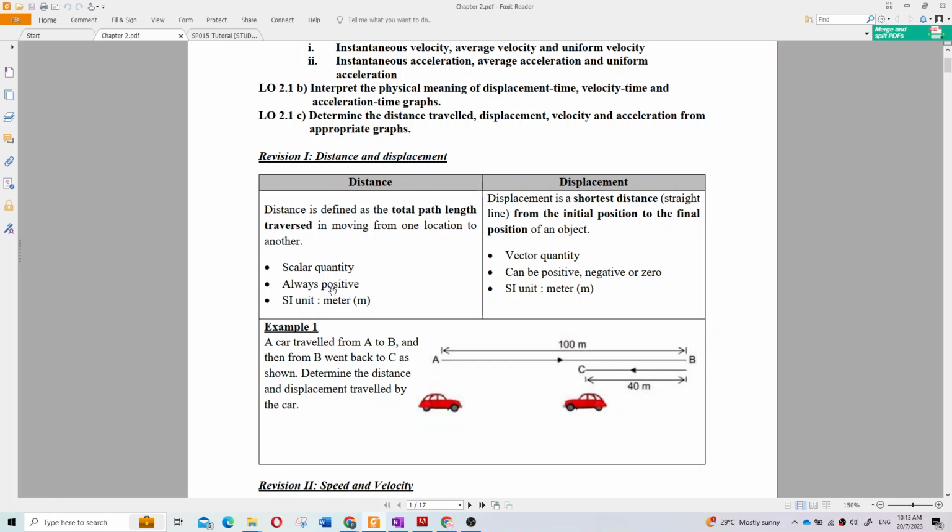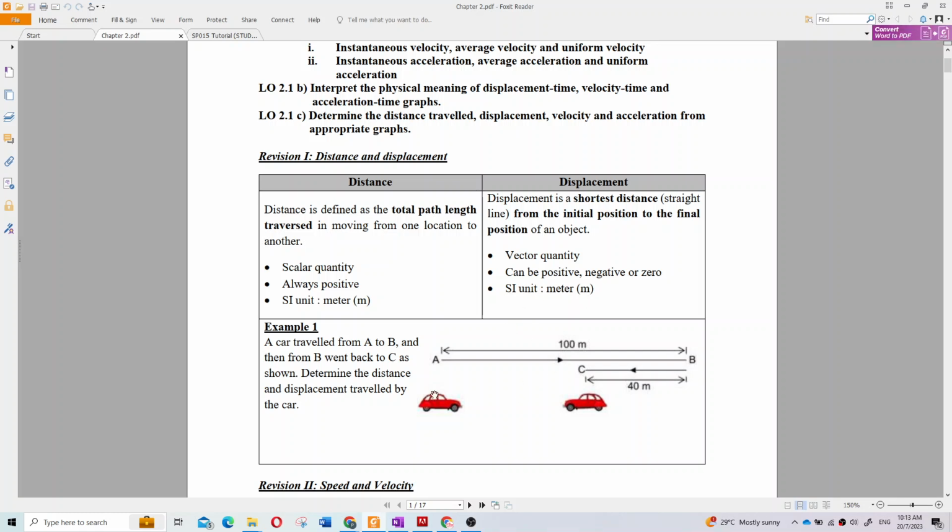It's always a positive value. Unit is meter. Displacement is the shortest distance from the initial position to the final position of an object. What does it mean? Shortest distance. It can have a positive or negative value, whereas distance is always positive. Displacement can be positive or negative. And the unit is still meter.